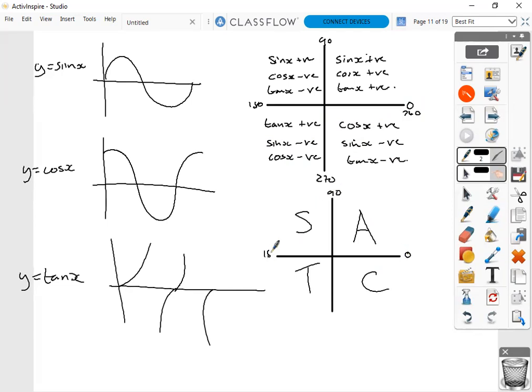Just sin between 90 and 180. Just tan is positive between 180 and 270. Just cos is positive between 270 and 360.